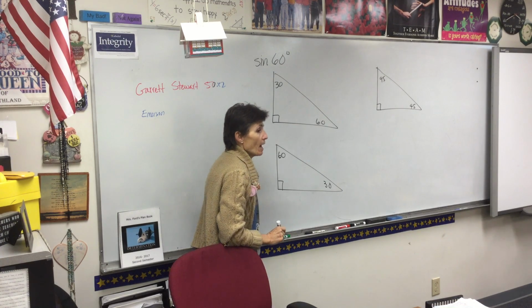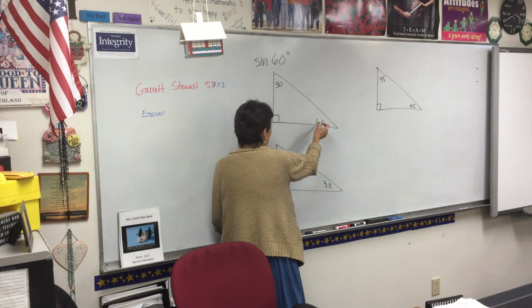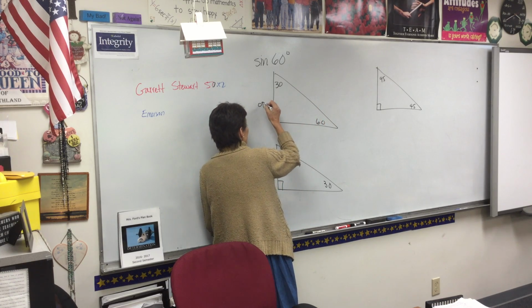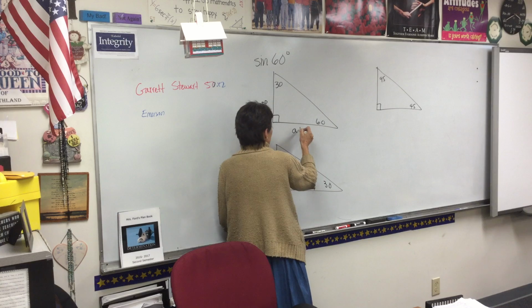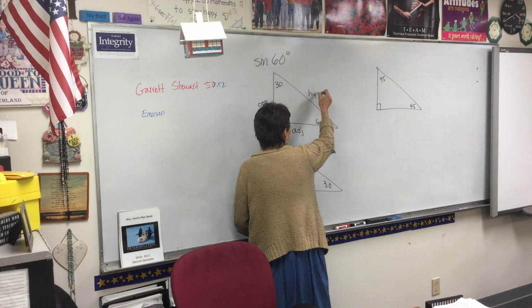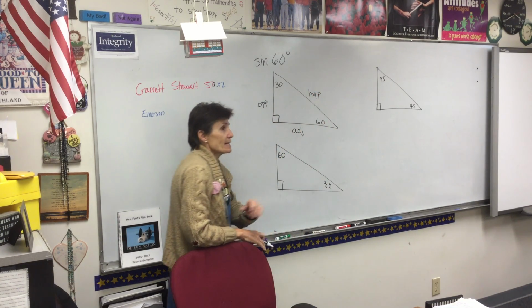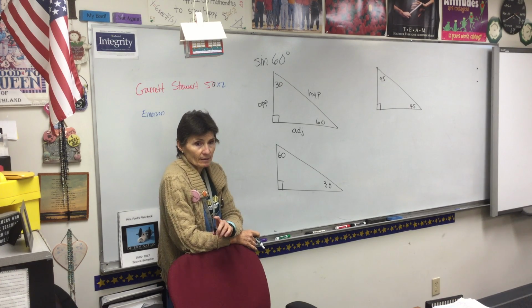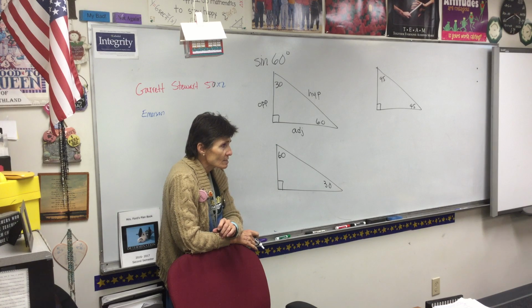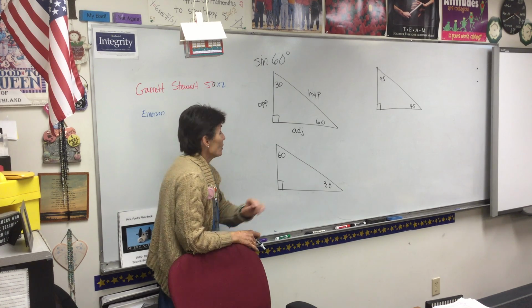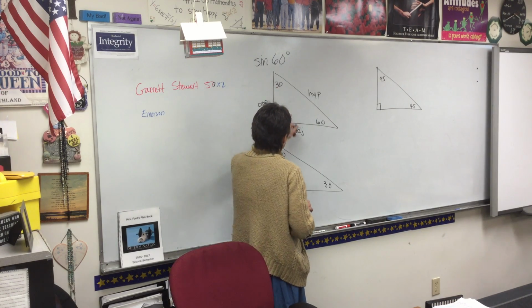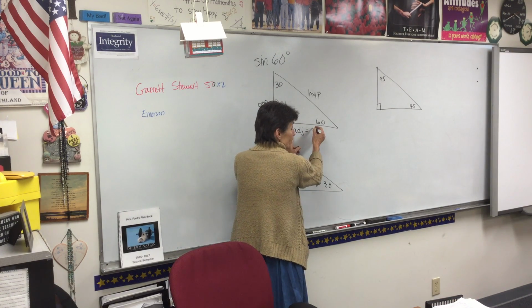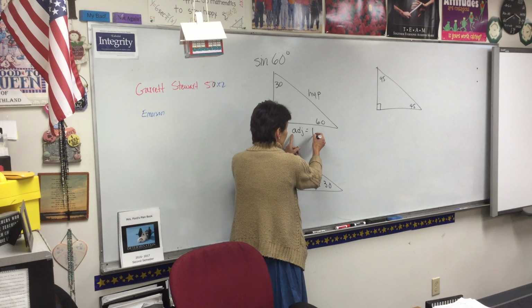Now, obviously this is 60, so this would be the opposite side, this would be the adjacent side, and this would be the hypotenuse, right? But I didn't give you any numbers. Wait a minute. Don't we know the numbers? Yeah, because it's a 30, 60, 90, we know that across from the 30 will be a 1.